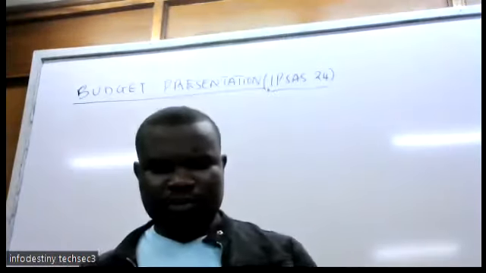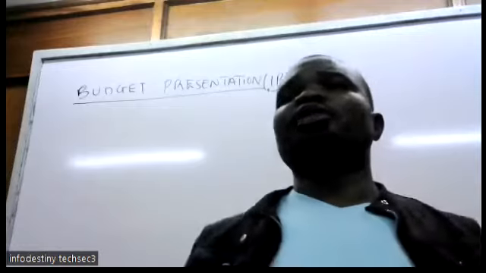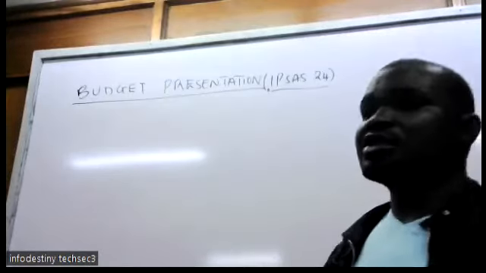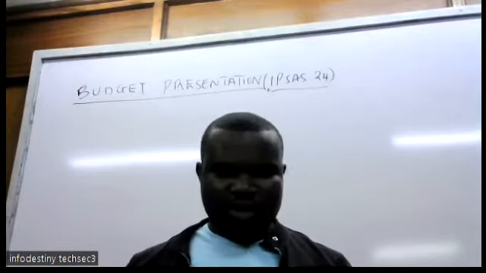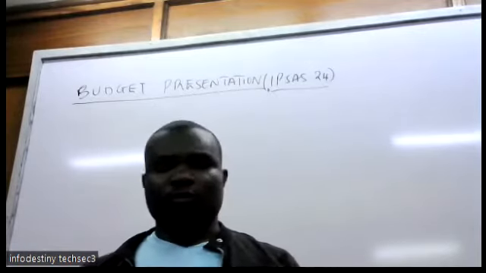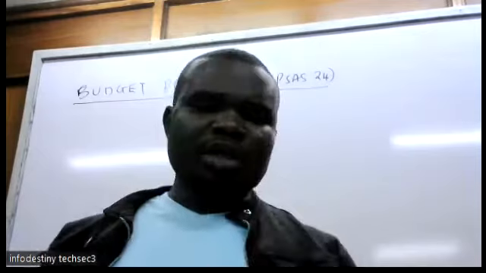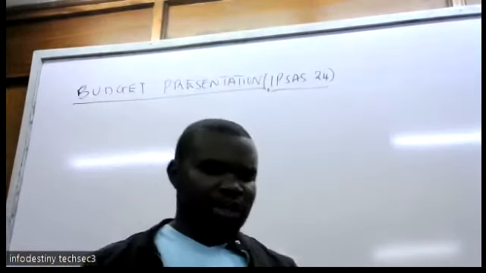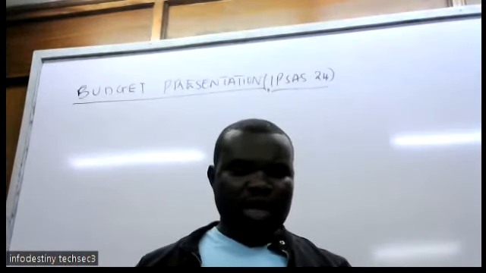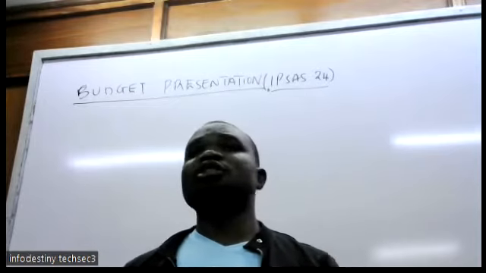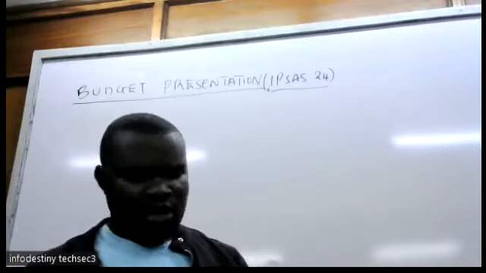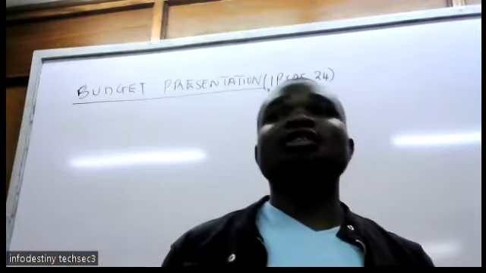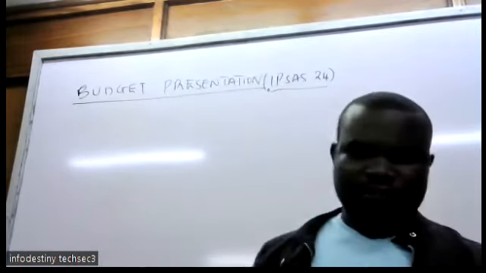For the first one, we have receipts and payments. On the receipts, these are the budgeted receipts. For example, this ministry expected to receive revenue from taxes. They expected how much? 180. How much actual did they receive? 165.